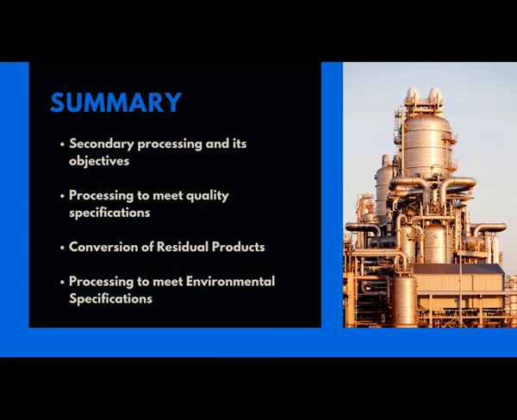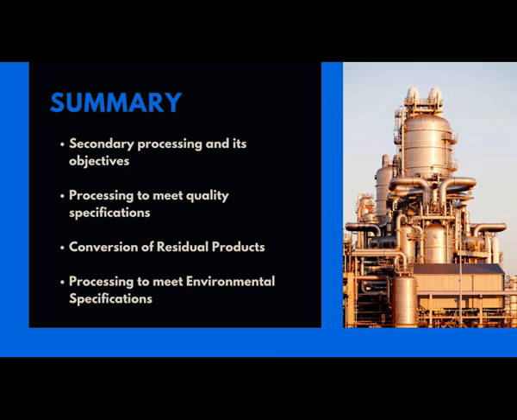Okay, in today's episode on secondary processing, what have we learned? Let me summarize. We have addressed what secondary processing is and its objectives, and the three different needs why secondary processing units are essential. Number one, processing to meet quality specifications like octane number improvement.